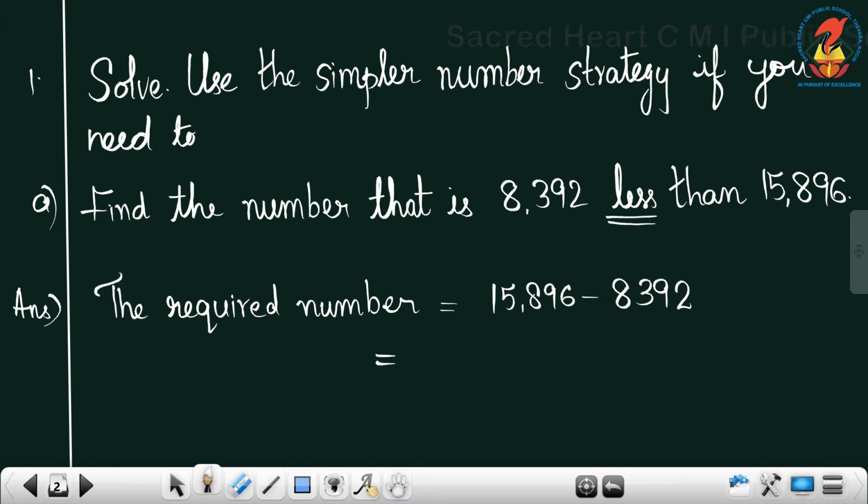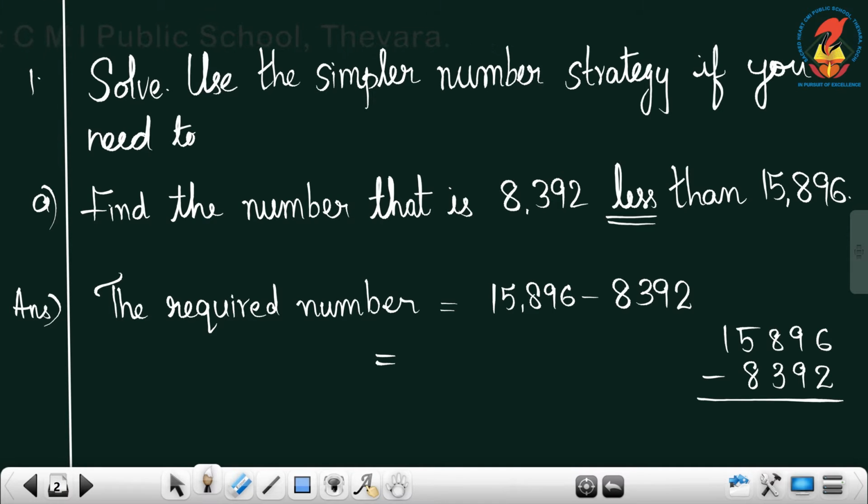So do the calculation in the working column. 15,896 minus 8,392. 6 minus 2, so answer is 4.